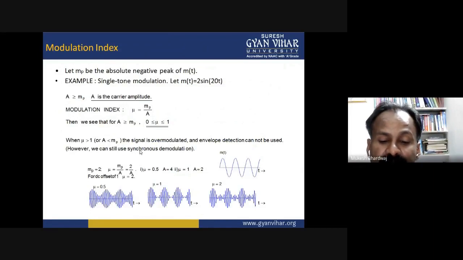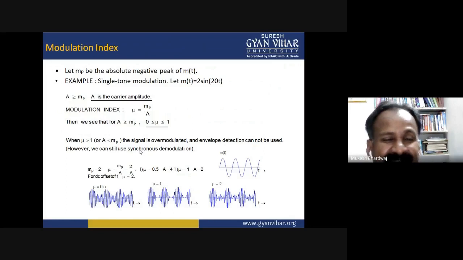Modulation index mu: the extent up to which we can modulate the signal is known as the modulation index, and its value lies between 0 and 1. Let m_p be the absolute negative peak of m(t). For single tone modulation, let m(t) equal 2 sin 20t.